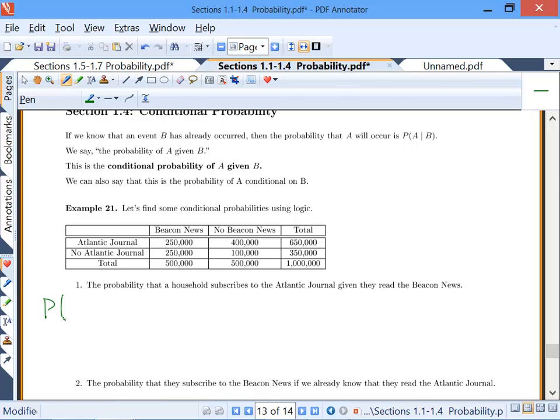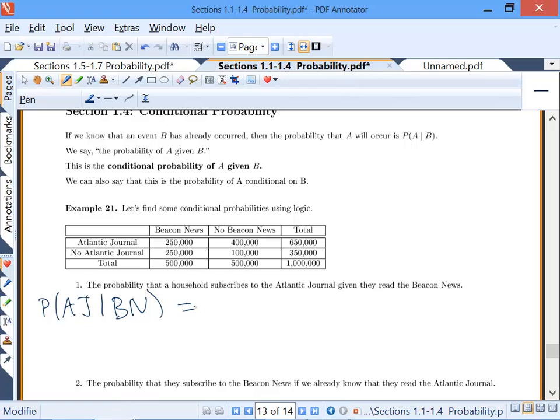So what would this look like in symbols, do you think? Which one do I need to write down first, Atlantic Journal or Beacon News? The Atlantic Journal, given that they read the Beacon News. So the part that you already know, that's the part that's given, and that's what comes second when you write it down.